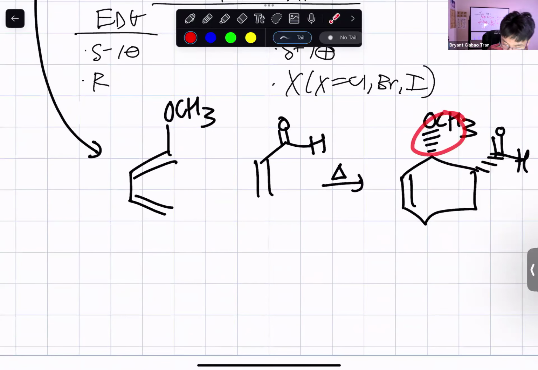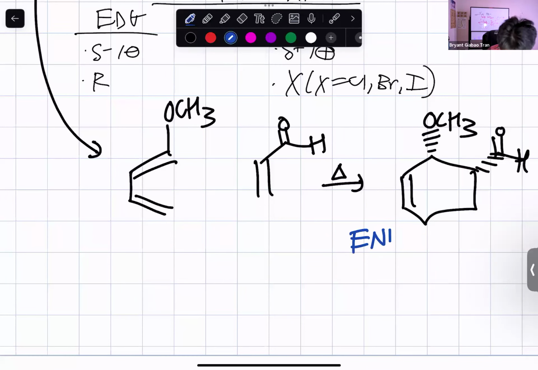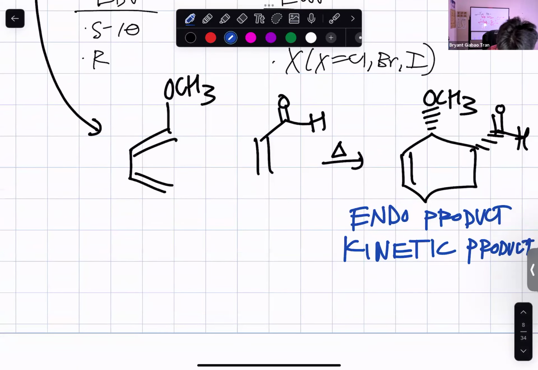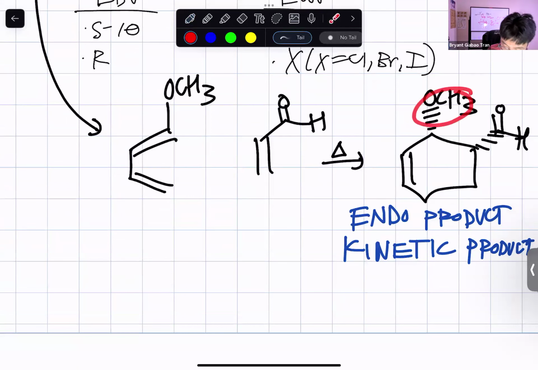This looks like the less stable product, and it is because the endo product from the endo rule is the kinetic product, right? It's the one that forms the fastest. And I'll show you why here, right? Because you would expect these groups to avoid each other, so they would be trans to each other, right? Like one wedge, one dash.